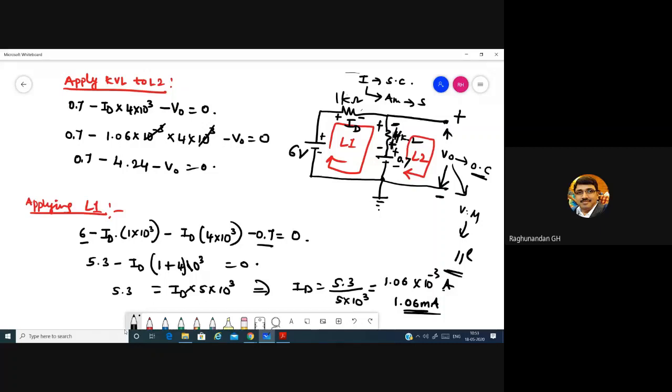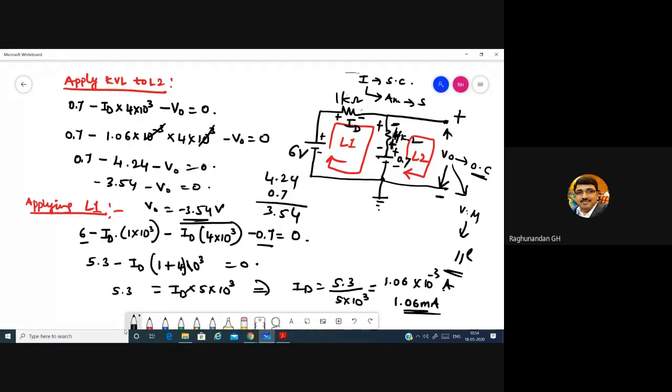On subtracting this, we get 3.54. So minus V naught is equal to 3.54, and V naught is equal to minus 3.54 volt.